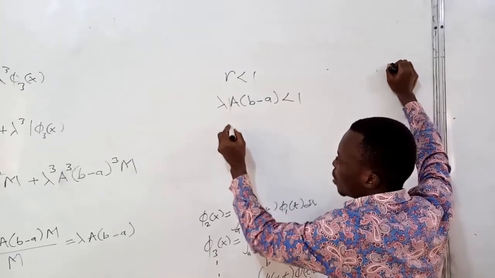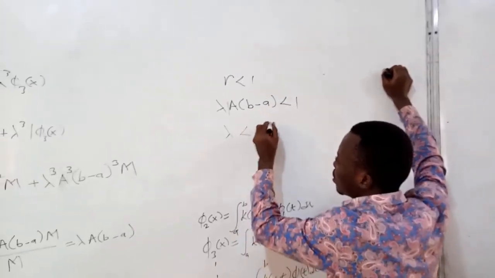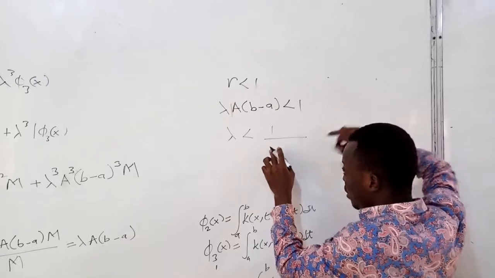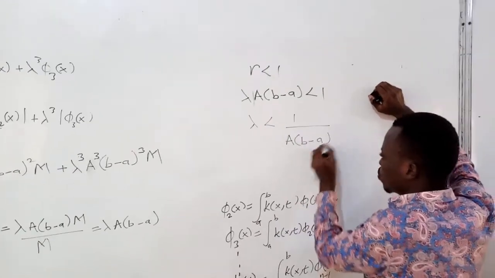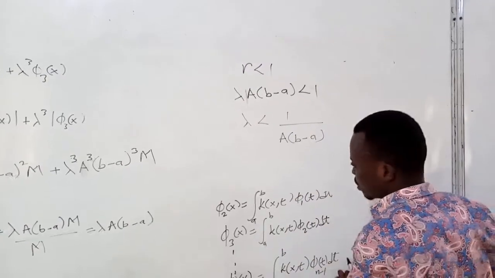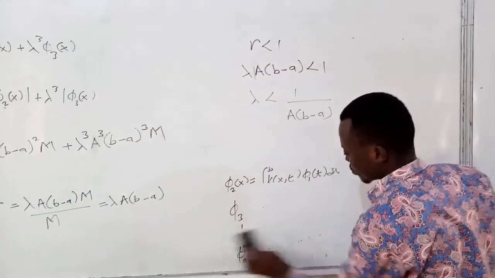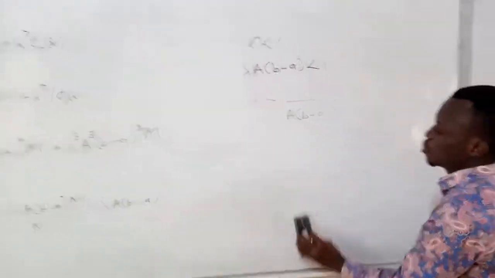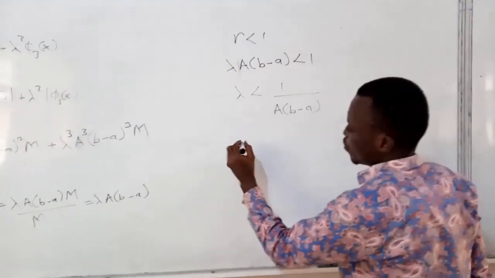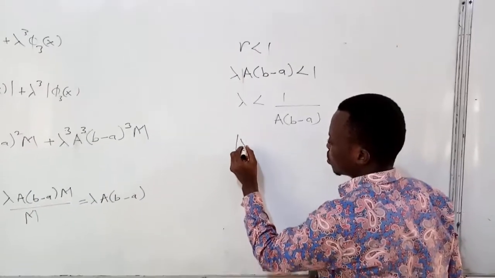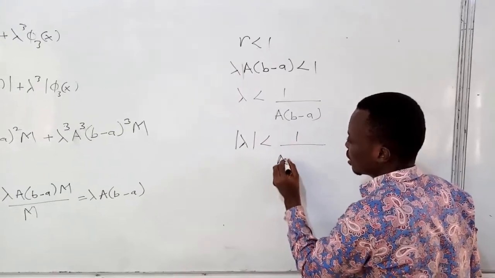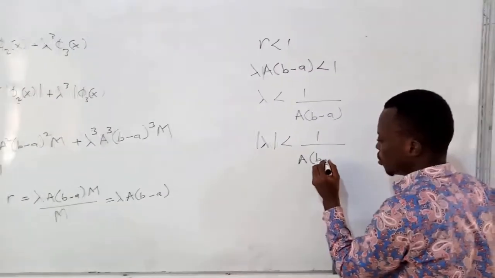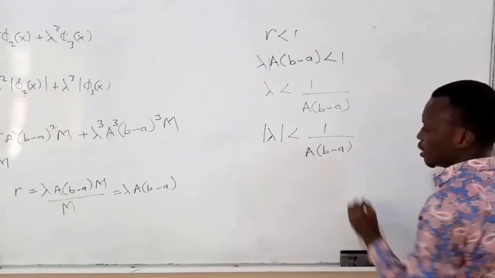So if we solve for lambda, our lambda is less than 1 over a divided by b minus a. Then we are going to say that the absolute value of lambda should be bounded by 1 over a divided by b minus a.